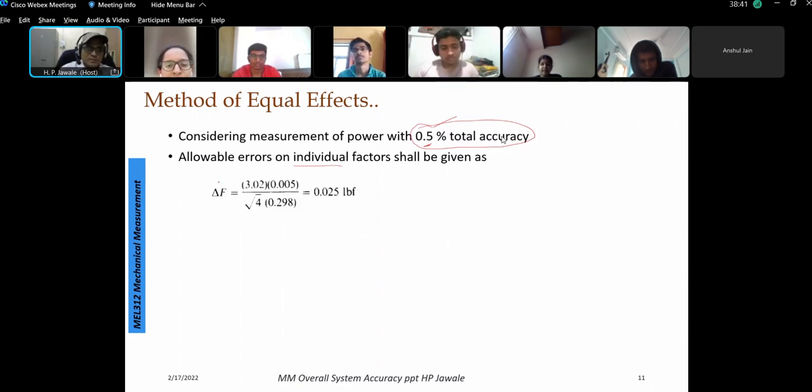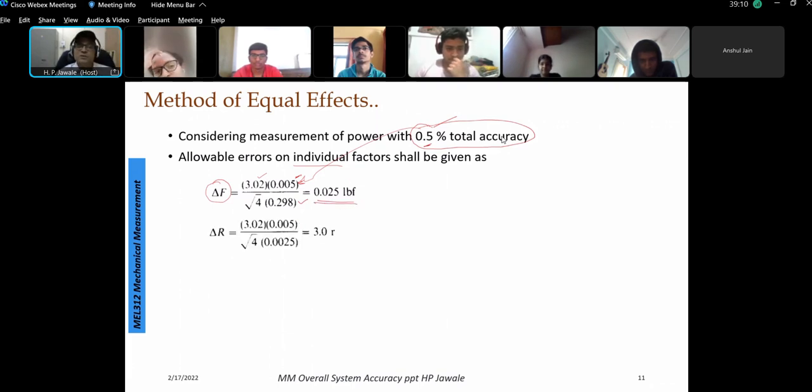Say for example del f, the uncertainty in the force measurement, will be, this is the power that we have measured and this is the inaccuracy that I am going to permit. So this is nothing but the value that is known. There are 4 factors involved in this, and the partial derivative that we found with respect to force of the function is 0.29. So it means that del f should be restricted to 0.025 pounds.